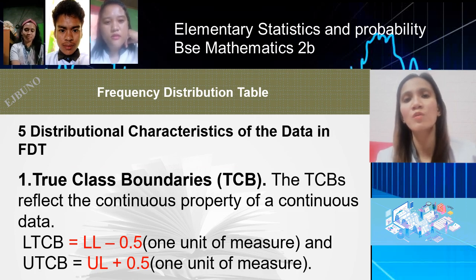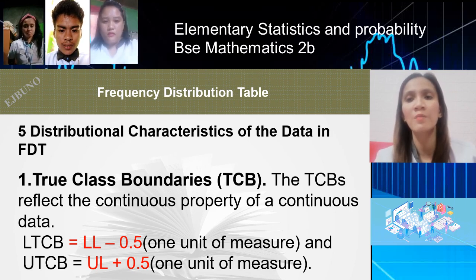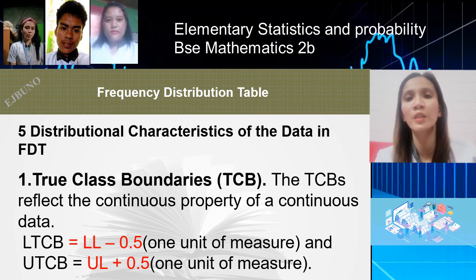Five distributional characteristics of the data in a frequency distribution table. First is the true class boundaries. The true class boundaries reflect the continuous property of the continuous data. It is defined by a lower true class boundary and an upper true class boundary. These are obtained by taking the midpoints of the gaps between classes or by using the following formulas.